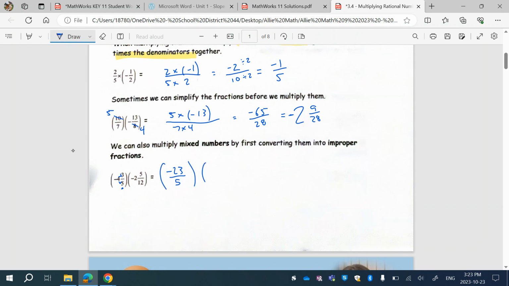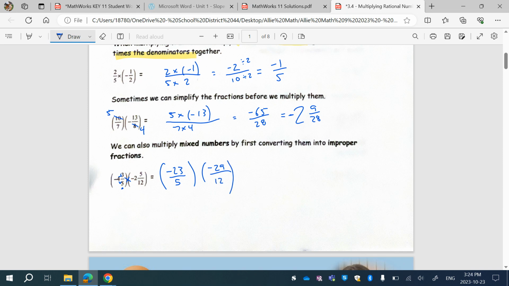And there's nothing in between these, which means that there's a secret multiplying in between them. But let's convert this. First, 12 times 2 is 24, plus 5 is 29, so negative 29 over 12.